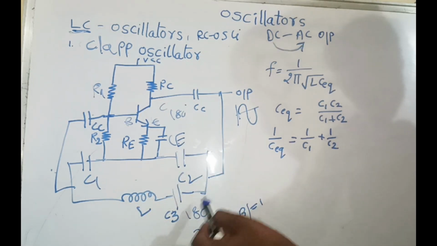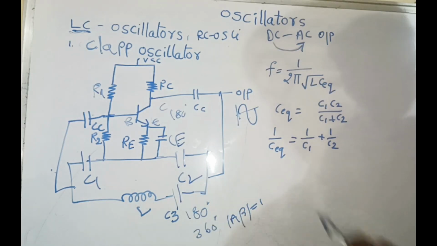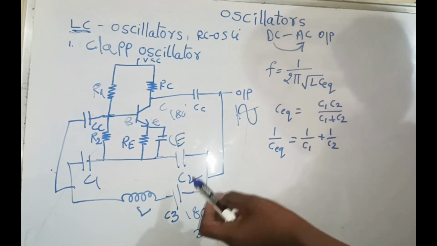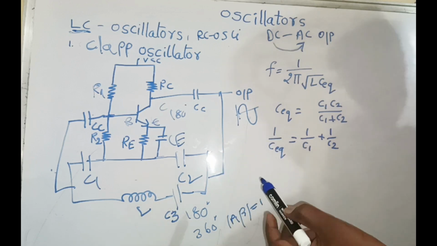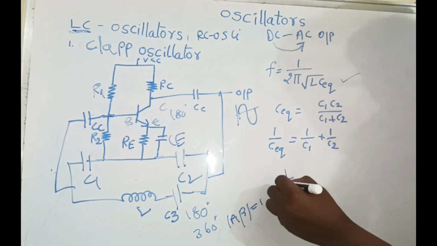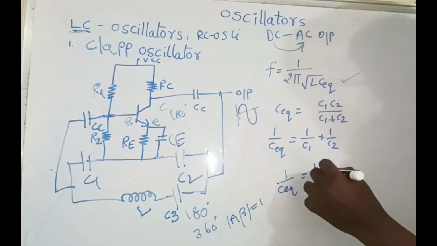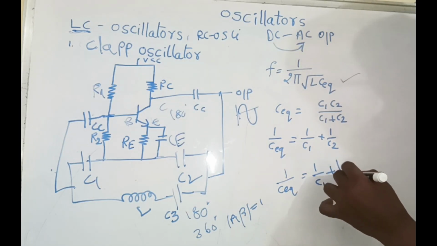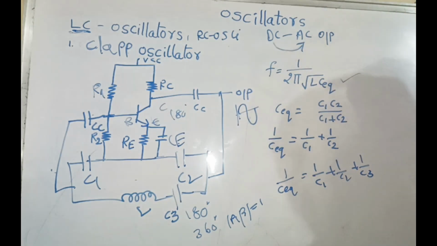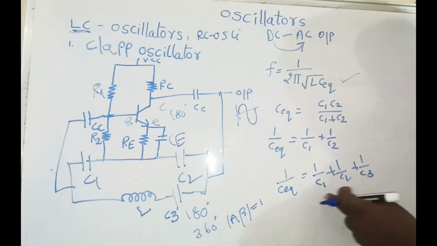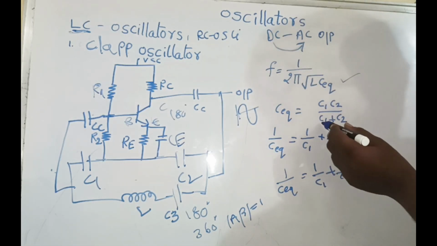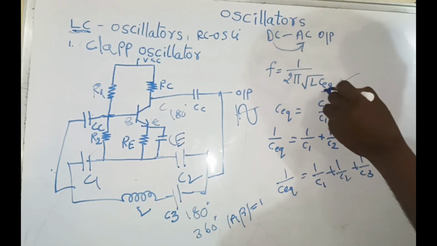The feedback network then consists of C1, C2, C3 and L. The frequency of oscillation uses the same formula, where 1 by C equivalent is 1 by C1 plus 1 by C2 plus 1 by C3, that is, C1 C2 C3 by C1 plus C2 plus C3 in place of C equivalent.